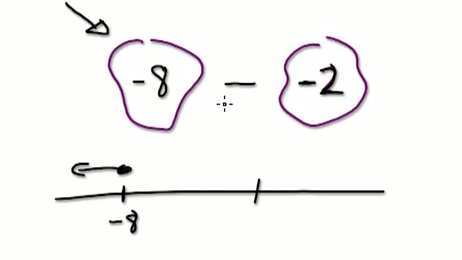Minus, I normally go in this direction, but because it's a minus, I've got to go to the right. What I normally do is I imagine putting my fingers into here, plucking this out, taking it out and putting it onto here. So it's really like a plus 2. So it's really minus 8 plus 2.